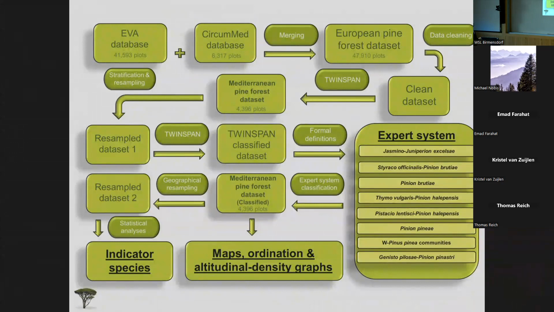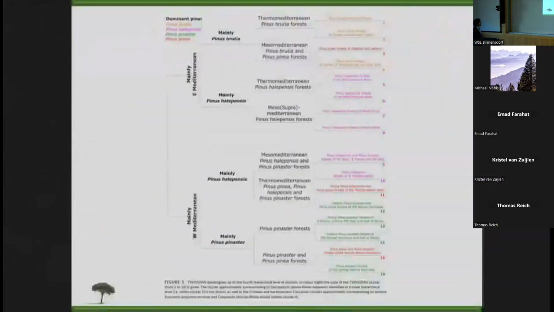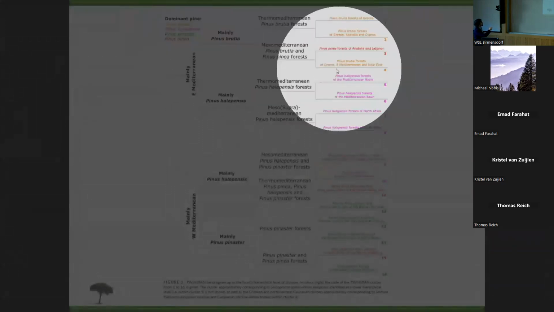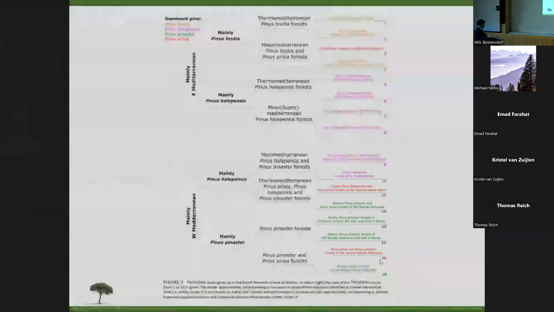And then after this, we were able to derive indicator species, maps, and altitudinal density graphs for different groups of pine forests. This is a brief overview of a TWINSPAN dendrogram, which shows how the analysis basically worked. So with mainly Pinus brutia forest dominated with its respective types, then Pinus alepensis types, and so on.